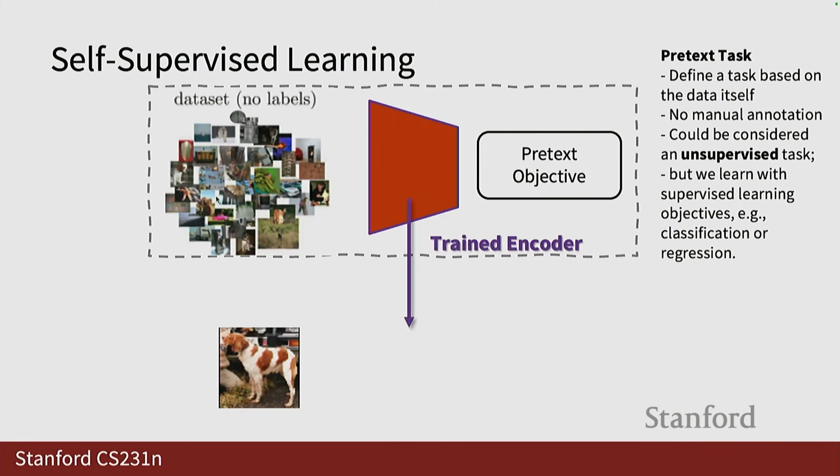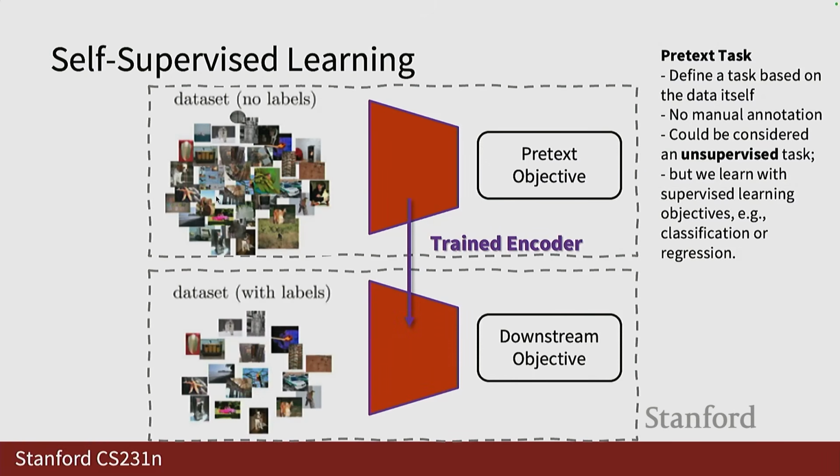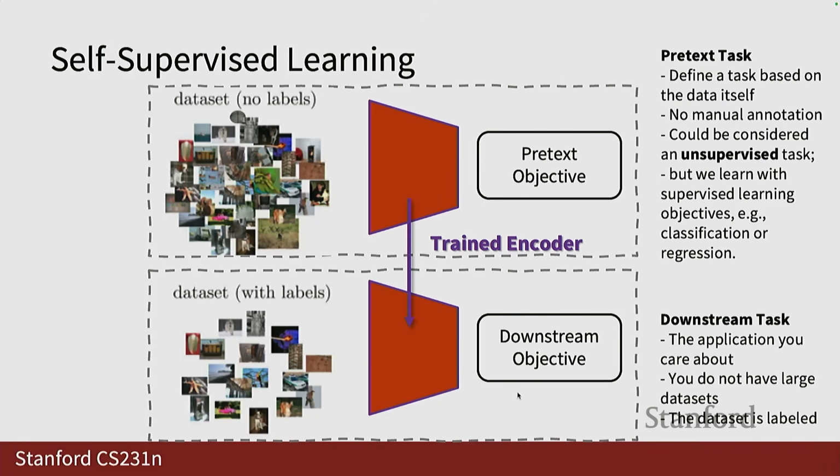And then when it comes to learning on a specific data set with a smaller set of data points which have labels, we can transfer this trained encoder and use that to extract features for a downstream task or a downstream objective.